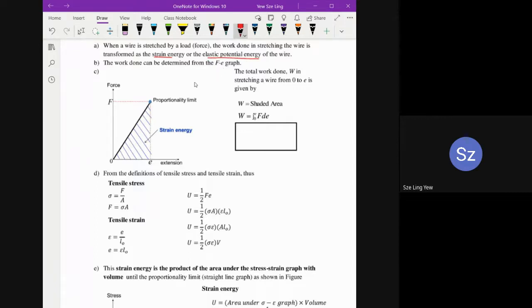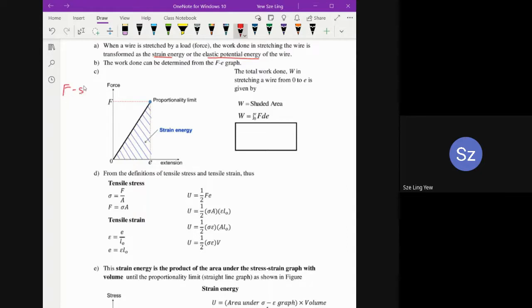So now we want to calculate the work done in stretching the object. How are we going to calculate it? We calculate it based on this graph, force against extension. Basically, it is our F-e graph that we have seen in chapter 5.